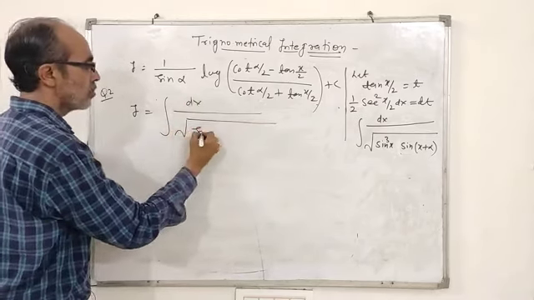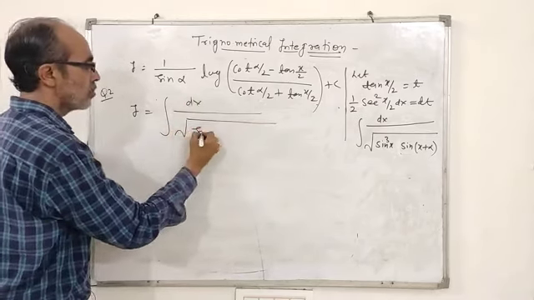In this integral we multiply and divide by sin x. So we write sin x and divide by sin x. This sin cube x and sin x is sin to the power 4 x.